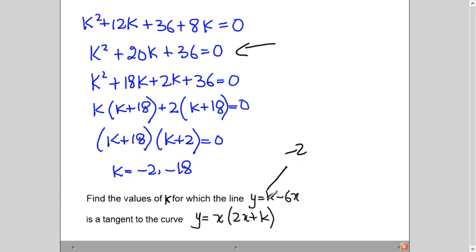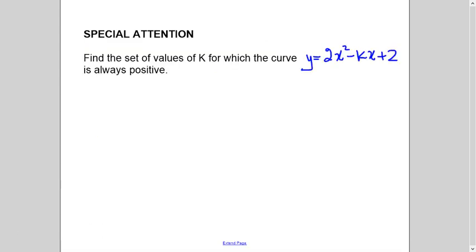If you put k as minus 2 and then put the two equations together and find the value of x, you will put the value of k here also. Then you will get the same two answers of x. Similarly, if you do minus 18 here and here and solve them simultaneously, you will get the same two answers of x, right?